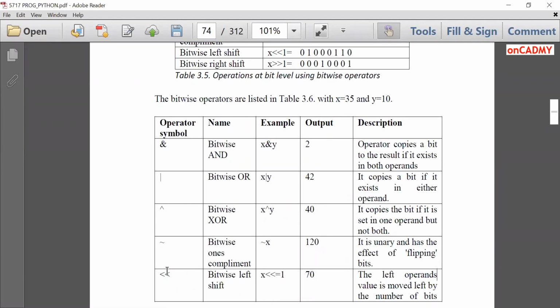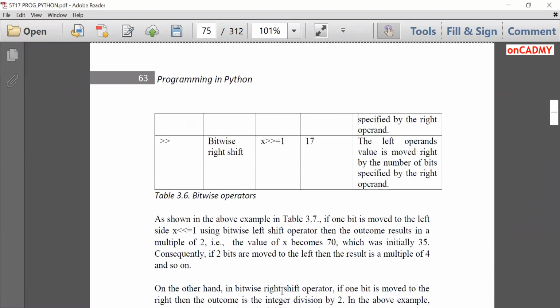Actually, this bitwise operation is performed on this 35, which was the actual number. I have applied it on y, that's why we got the answer 5. But if we apply it on x, which was 35, then we got the answer 17, which is 35 divided by 2. That will be 17.5, and we'll retain only the integer part.